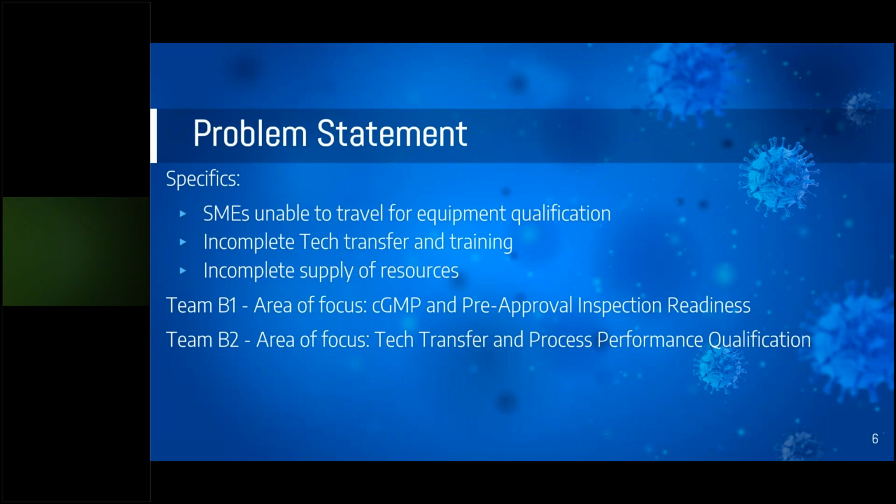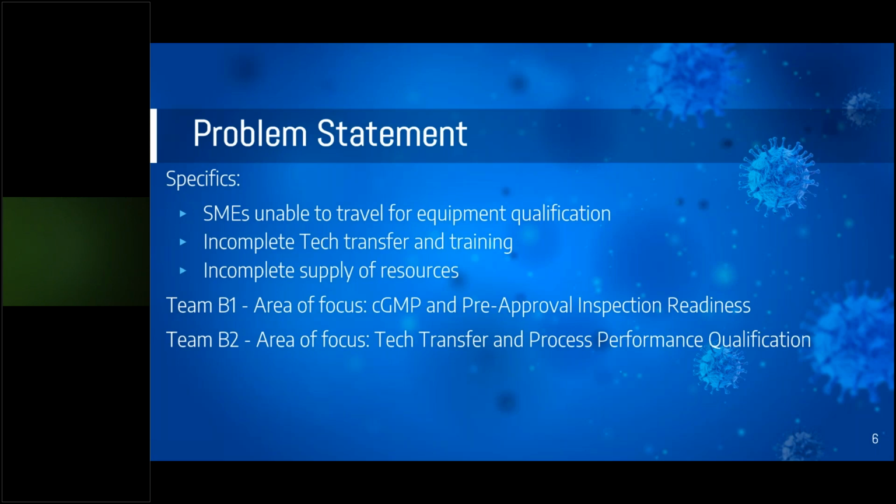So some of the additional details within the problem statement itself is that the SMEs have been unable to travel to complete any equipment qualifications in person. The tech transfer and training are both incomplete, so we took that as these tasks were started, but they had to be halted most likely pretty abruptly, as so many of us had our daily operations interrupted in some way.